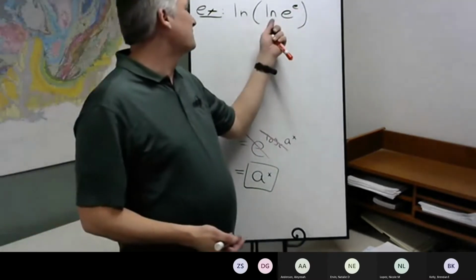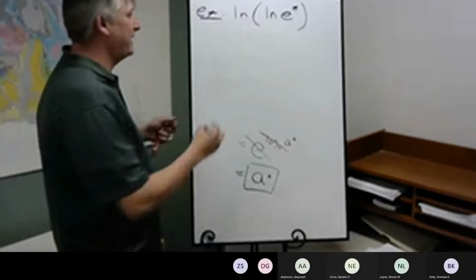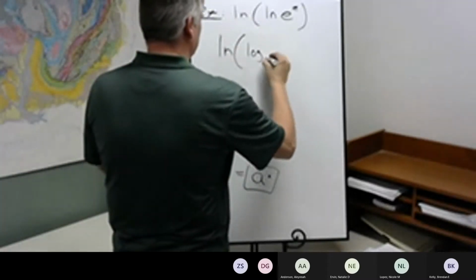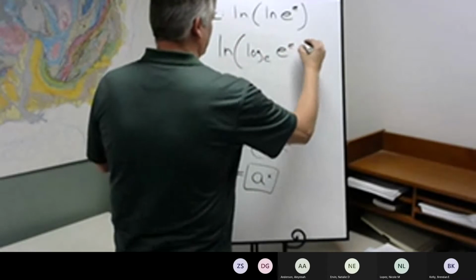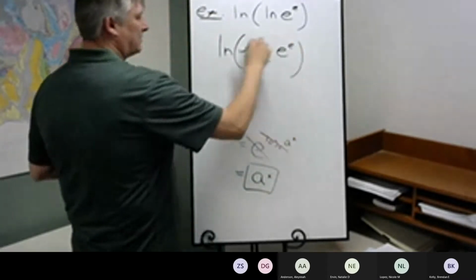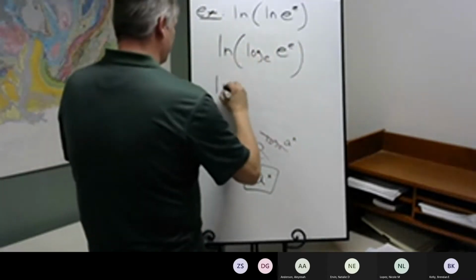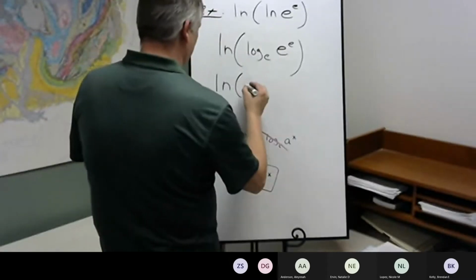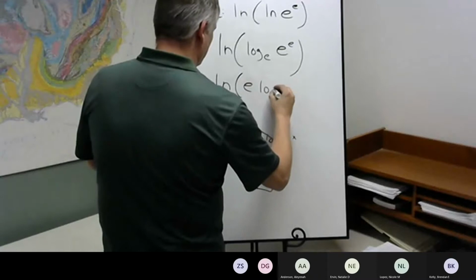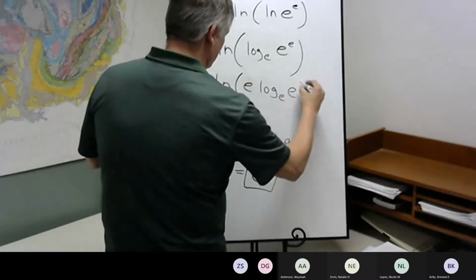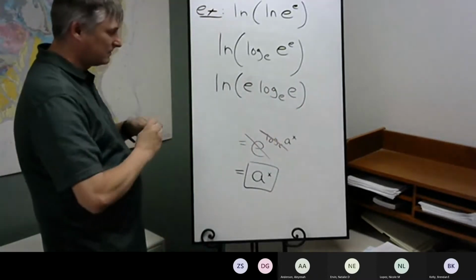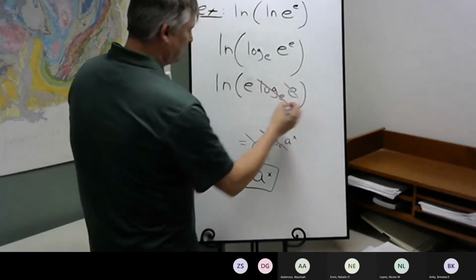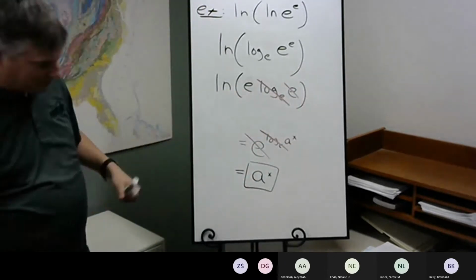We could say that this is a log base e of e, so they're going to cancel. Now this is going to pop down. And when these cancel, we're just going to be left with e.